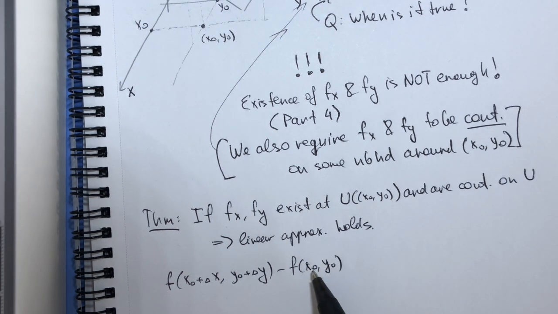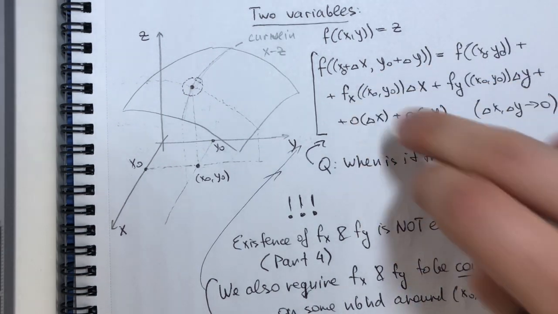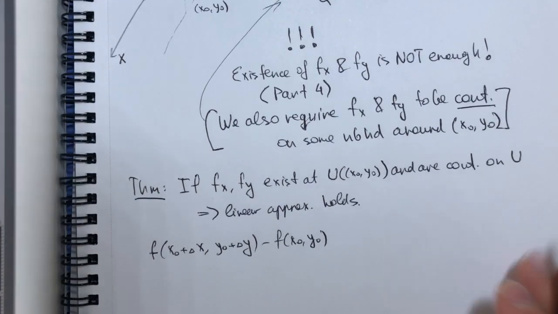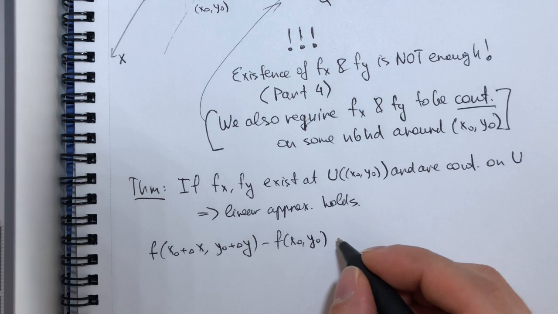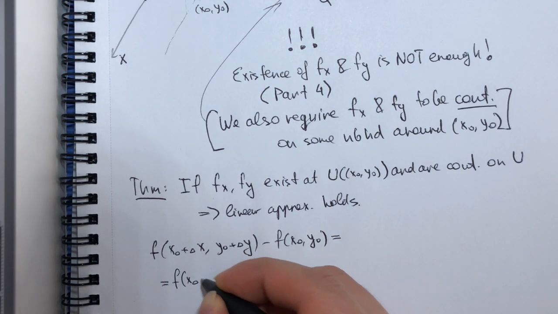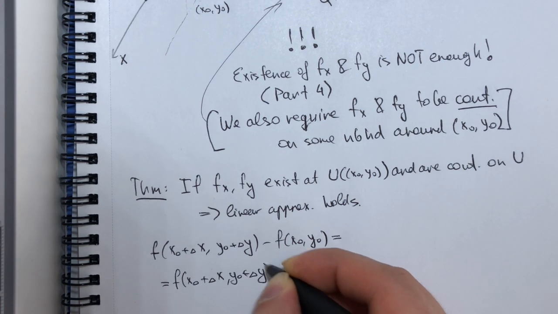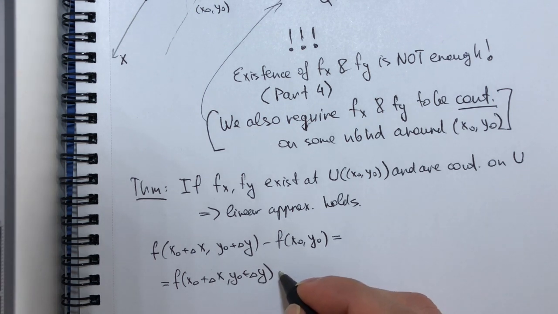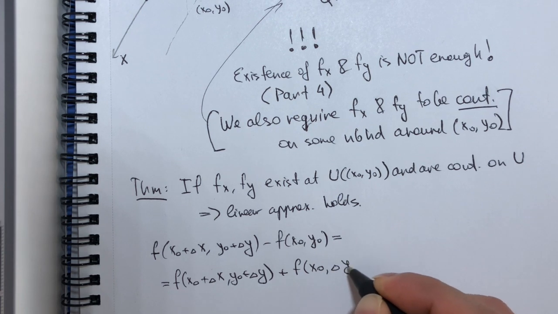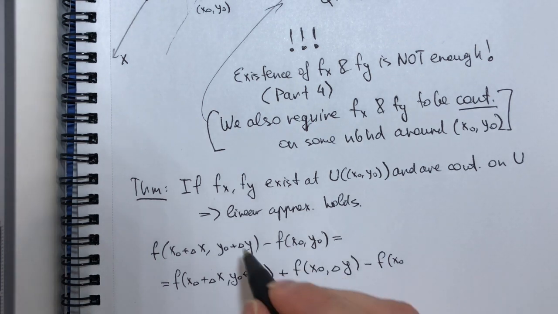Right? So we want to show that this difference is equal to this expression. But since I want to use my partial derivatives, I actually want to rewrite it in the following way. I still have my first term, but then I add this guy, and then I subtract it, because if I keep it, then I will change my expression, right?